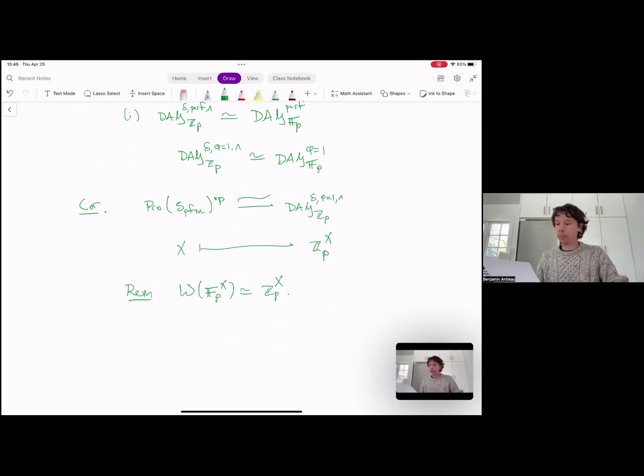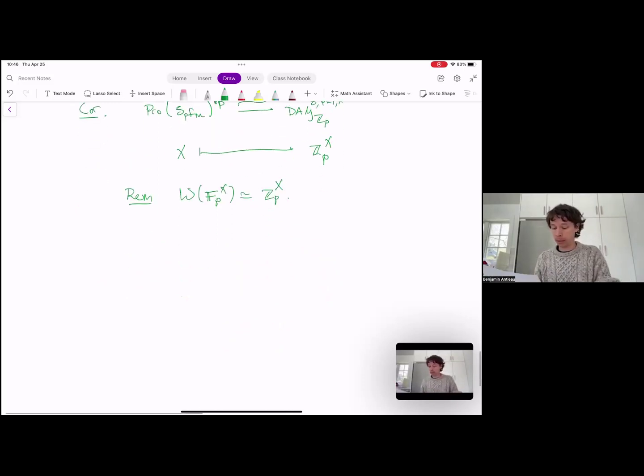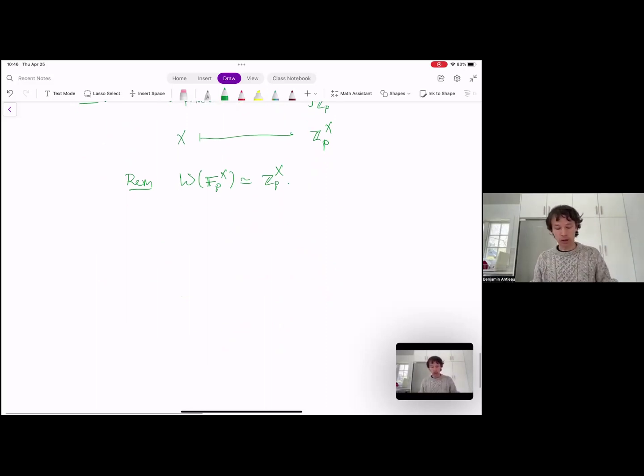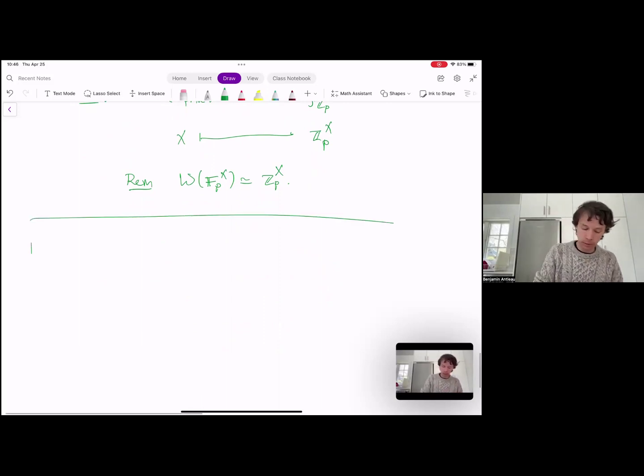Okay, my time is up. Let me take one minute and just give very briefly what happens integrally. I now want to make some algebraic structure which captures a lift of Frobenius at each prime together with the fact that that Frobenius is the identity.